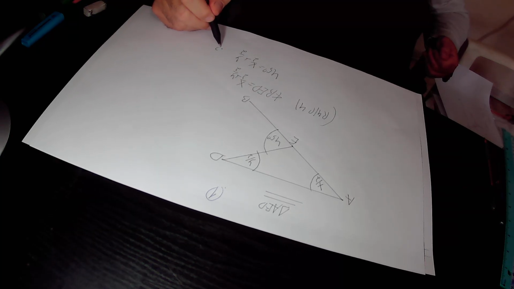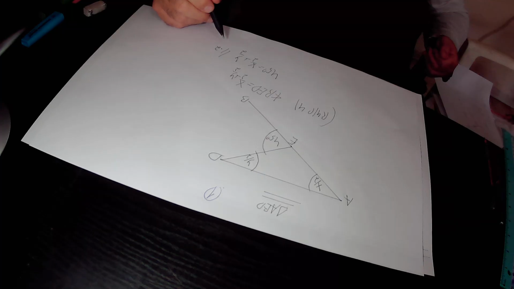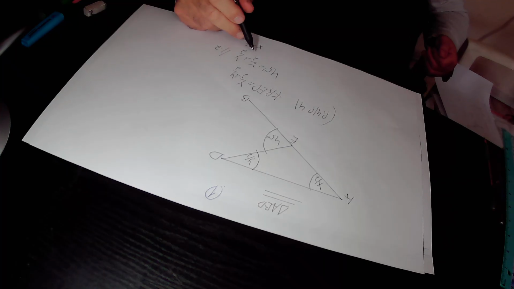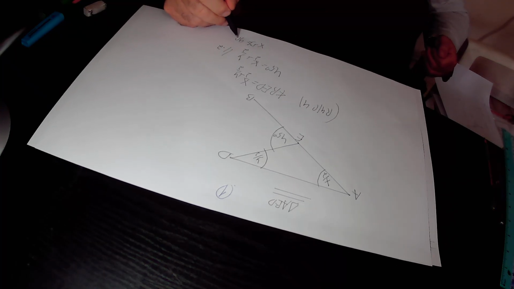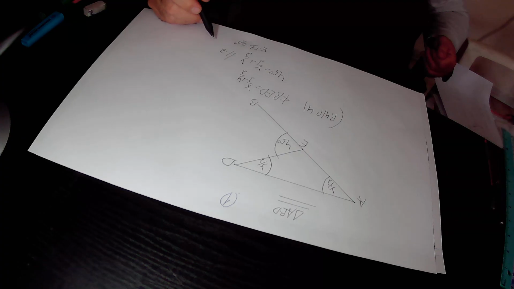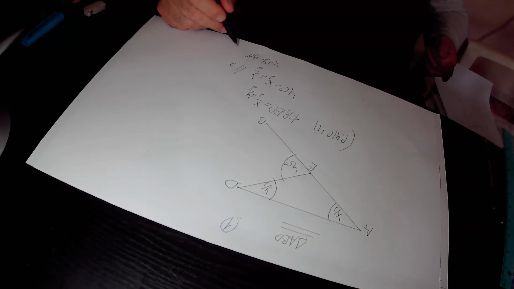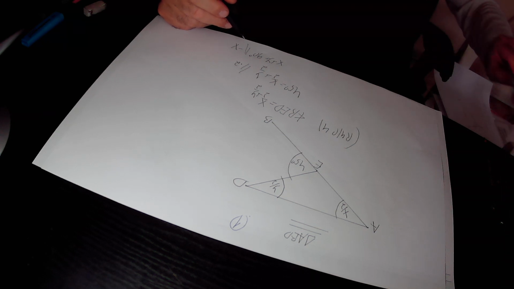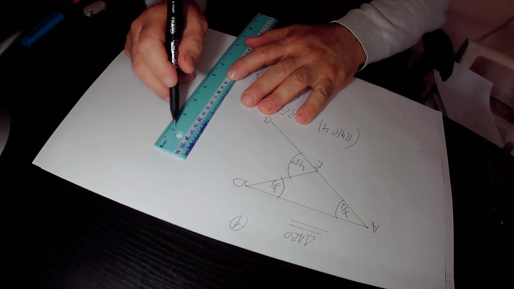Here we multiply this equation by 2 and finally get that x plus y equals 45 degrees times 2, which is 90 degrees. So x plus y equals 90 degrees. We subtract x from this equation, and finally we get that, this will be equation 1.